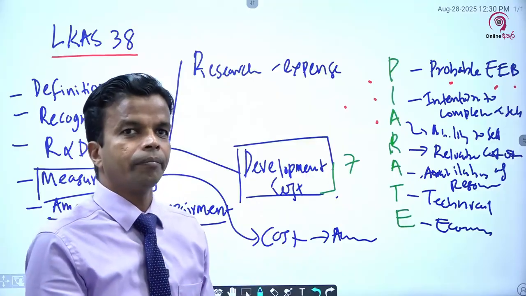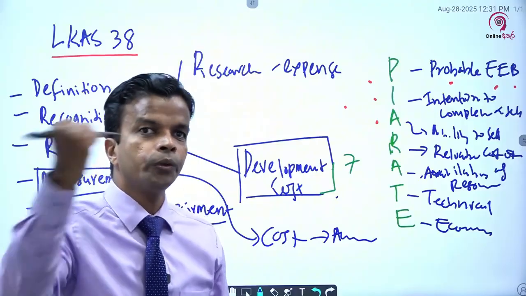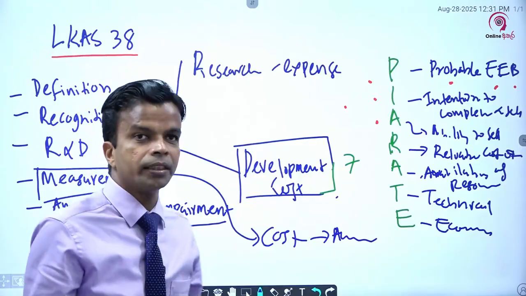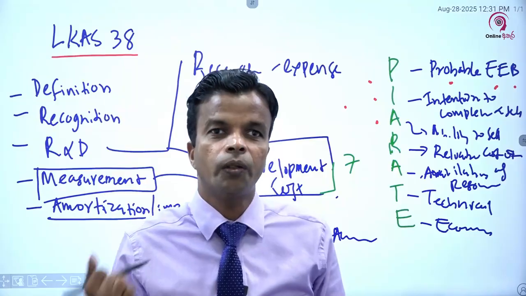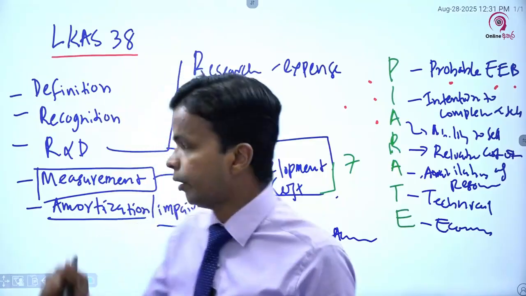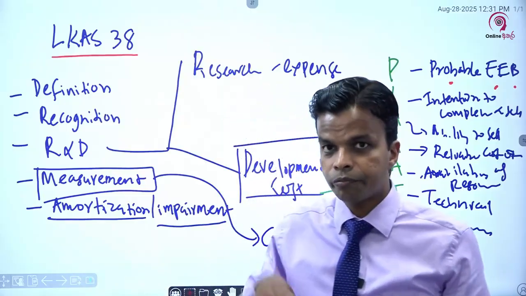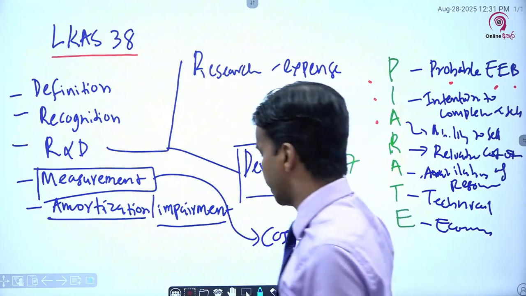Annual mandatory impairment means regardless of what the outcome would be, you should do the impairment assessment, right? So that is LKS 38. With that, let's move into LKS 40, that is investment property.